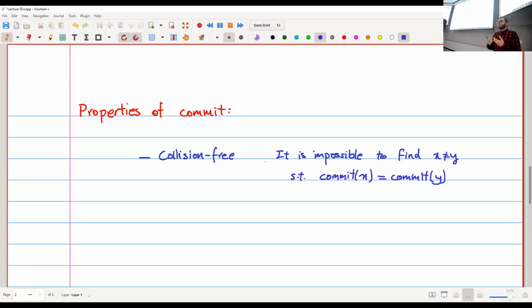And then when it comes time to reveal, I can choose if I want to reveal x or I want to reveal y. And that will, of course, give me an undue advantage. And this is against the tamper-proof property. So I want to make sure that I keep the collision-free property of hash functions.